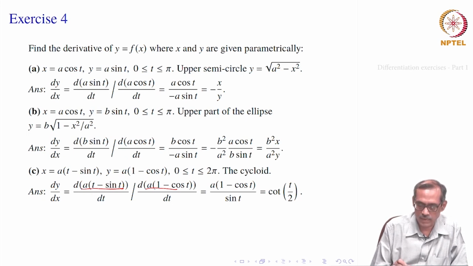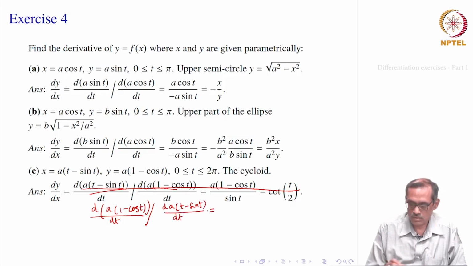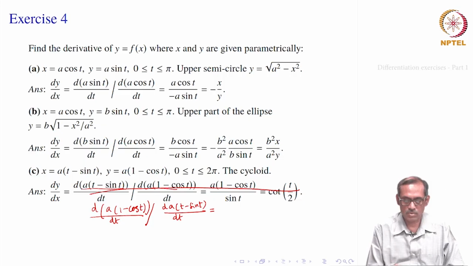We are computing dy by dx. So, these should be d of a into 1 minus cosine t over dt divided by d of a into t minus sin t over dt. So, that would give a minus cosine t.